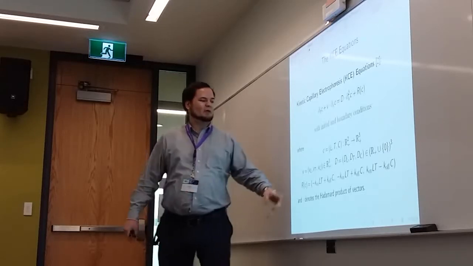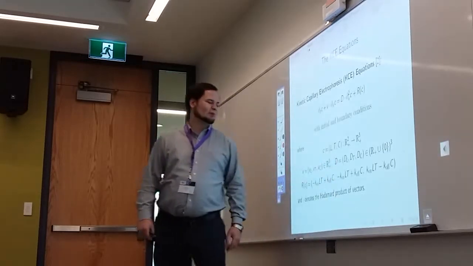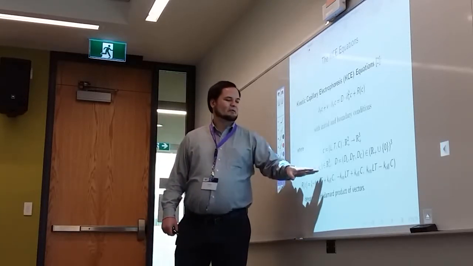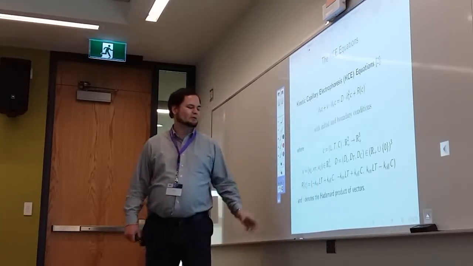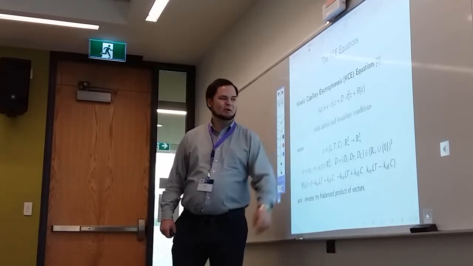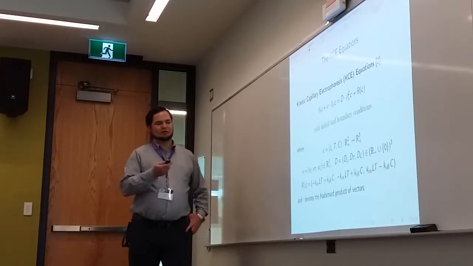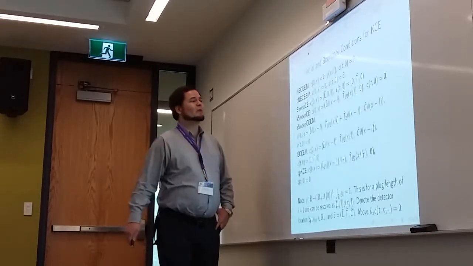But for KCE we have a ligand, a target, and a complex term, and then some constant velocities and diffusion coefficients, and this is what the reaction term looks like. So we don't have linearity, of course, otherwise it's an easy problem.